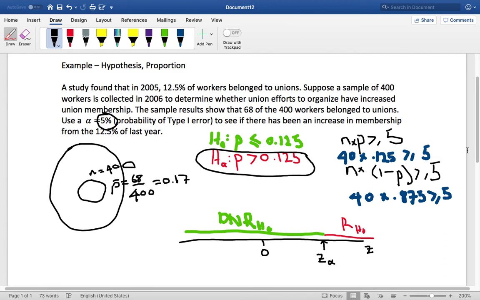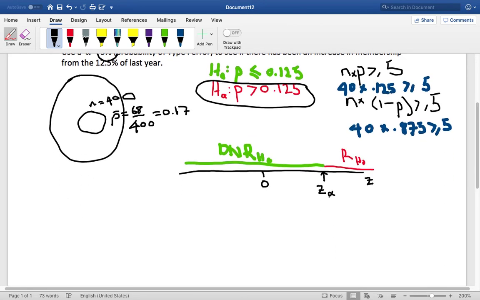So let's calculate the critical value. The formula we're going to use to calculate it, there's several ways of doing it, so let's just use one way.